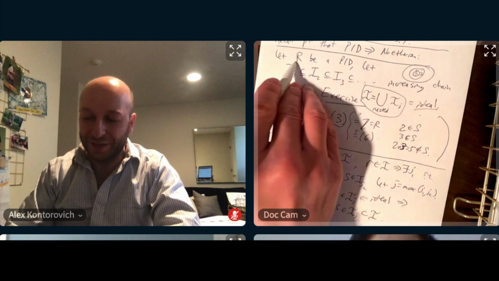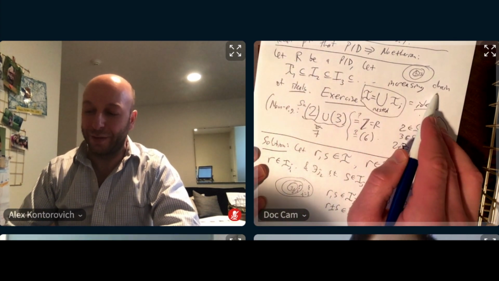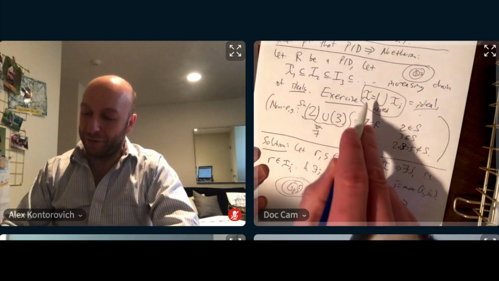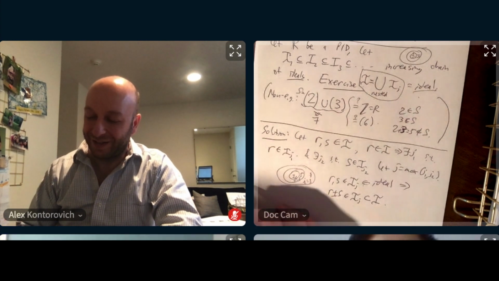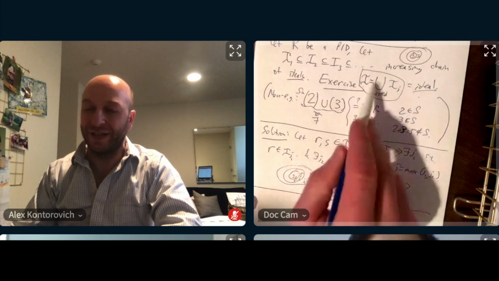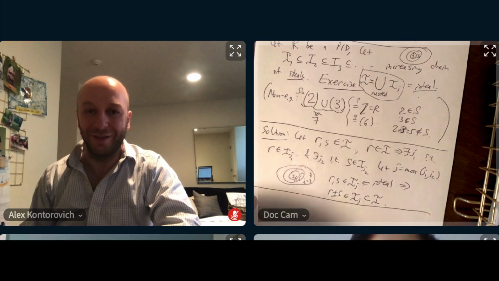Okay, so we have our principal ideal domain R. We've taken some increasing chain, and the thing that we were trying to prove is that the chain can't go on forever. So we showed one bit of the exercise. We showed that the union of these nested ideals respects addition. Why does it respect multiplication by elements of the ring?